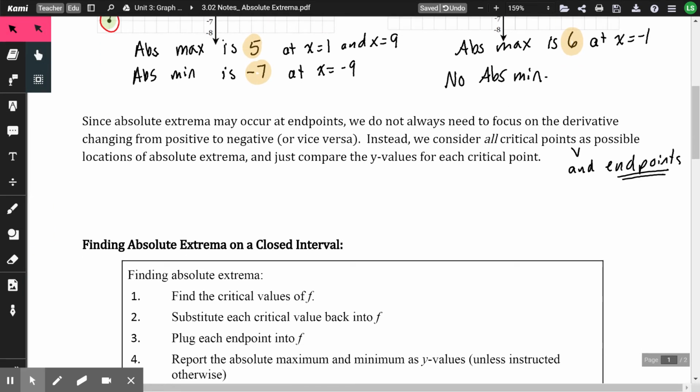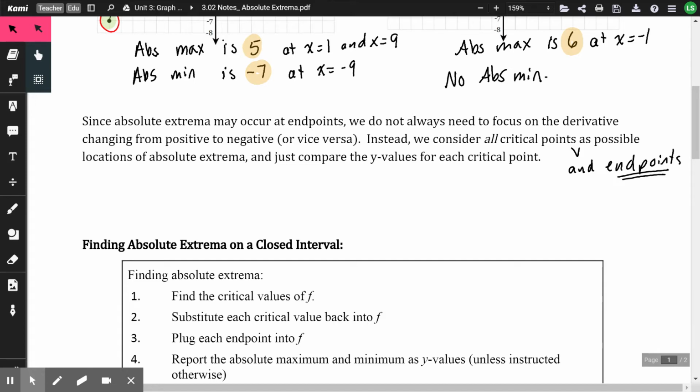Since absolute extrema may occur at endpoints, we do not always need to focus on your derivatives switching from negative to positive or positive to negative, the same way we did for the local or relative mins and maxes. Instead, we need to consider all those critical points, no matter if they're switching from increasing to decreasing, or if they are possible endpoints. So all critical points and all endpoints are fair game to be an absolute max or min.